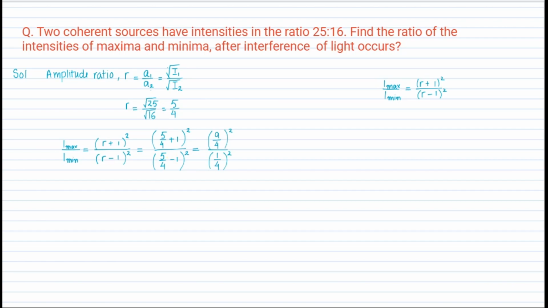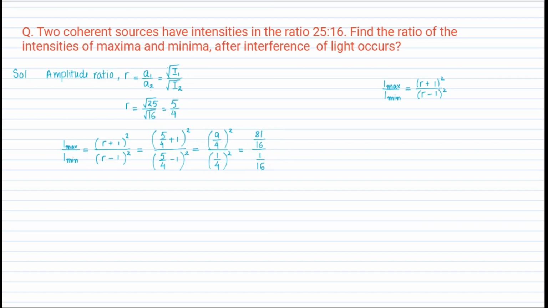Now from here, let us simplify. What is 9 by 4 whole square? What is 9 square? 81. What is 4 square? 16. Similarly here, 1 square is 1, 4 square is 16. Now this one will go to the denominator and this one will go to the numerator.